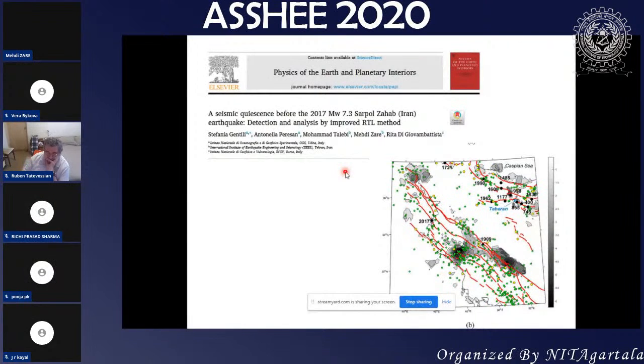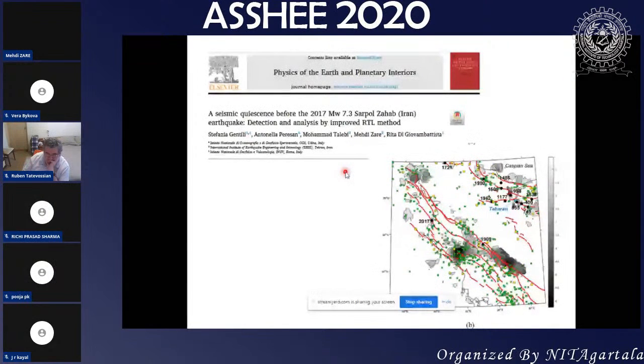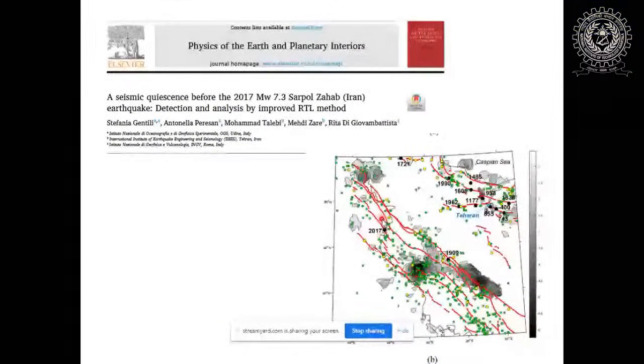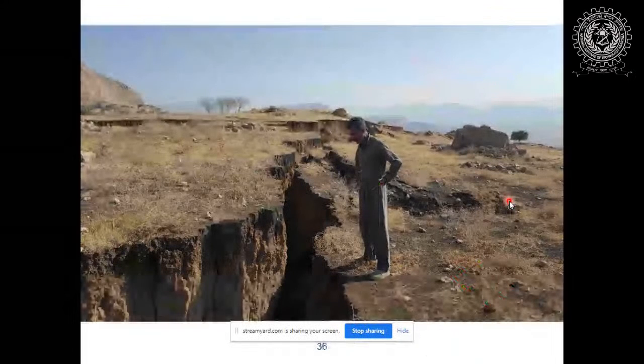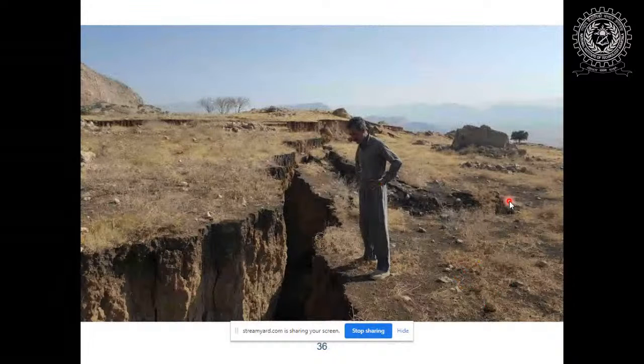We have observed that the earthquake of 2017 has occurred in one of these seismic quiescence areas, but we have observed that there are still three other zones of quiescence. One along the Main Zagros Reverse Fault, and another one in eastern Tehran, which is very important from the viewpoint of earthquake risk. I will explain more in this presentation.